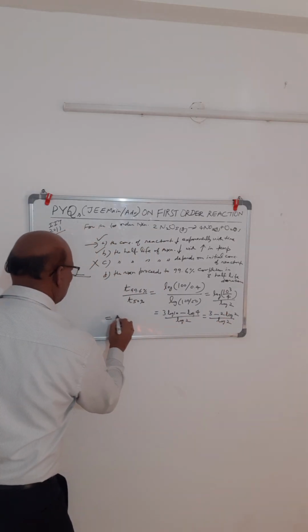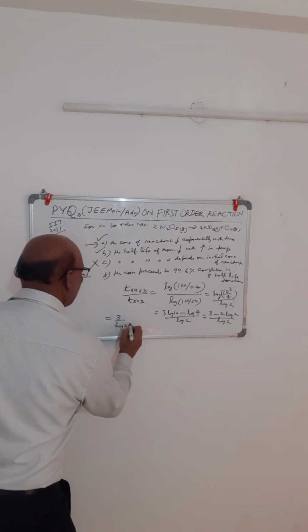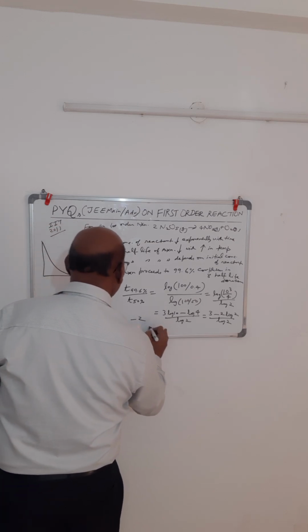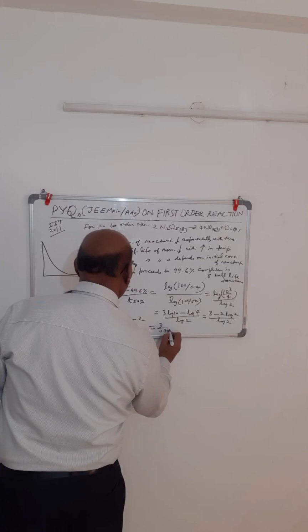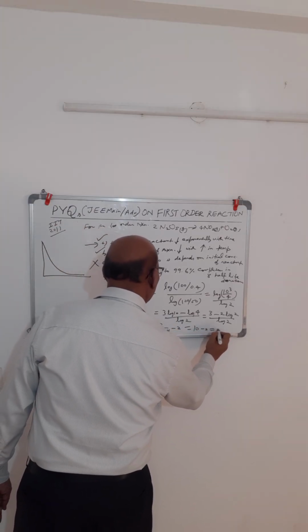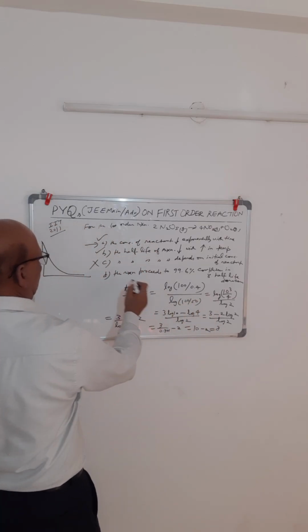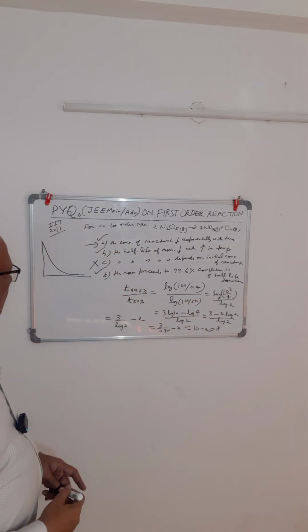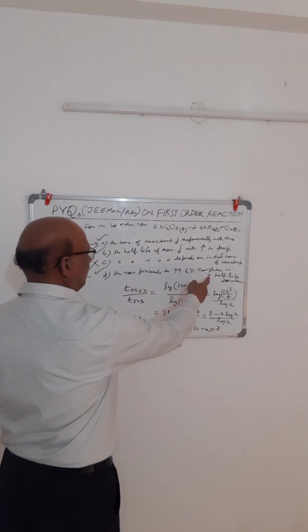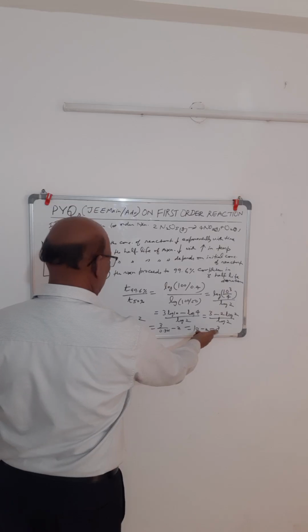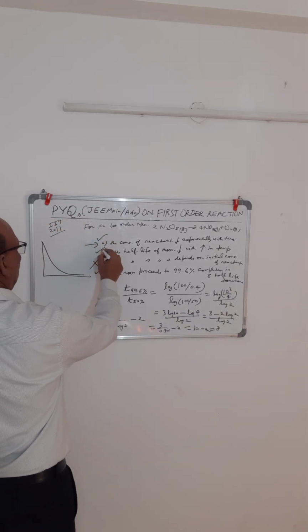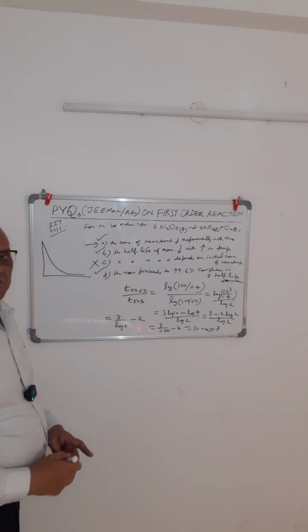Dividing, we get 3 upon log 2 minus 2, and we know the value of log 2 is 0.301, so 3 upon 0.301 is 10, minus 2, that is equal to 8. So this D option is also correct, because the time needed for 99.6% completion is 8 times the half-life. So we say that these three options are correct and C option is not correct.